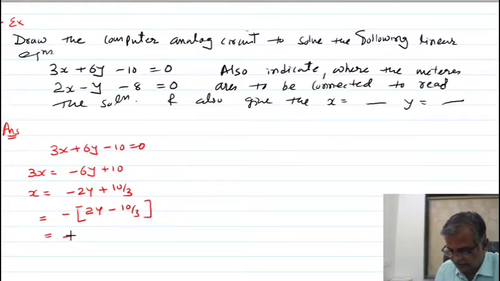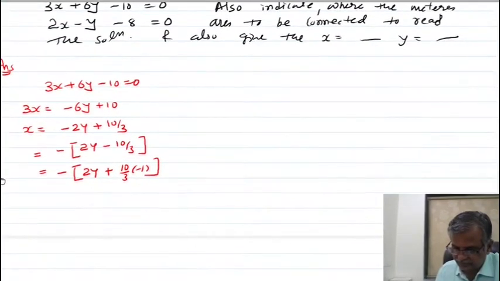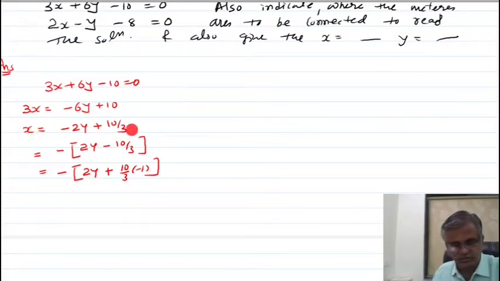I can write this as minus 2y plus 10 by 3 into minus 1. See what I did? I have taken this equation, made x the subject. This is very simple. I have taken the minus out and written it in this way.